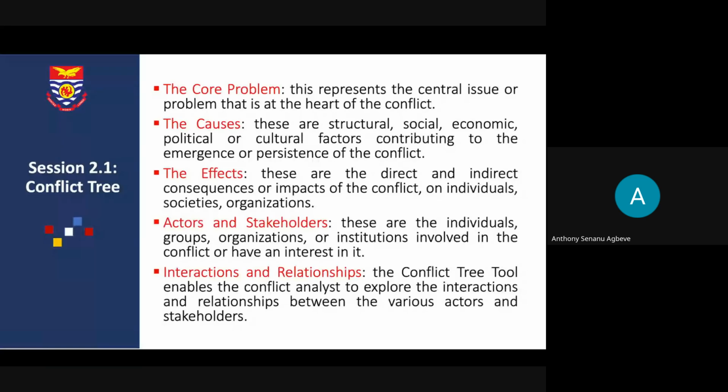And then we also need to look at the interactions and the relationships among these groups, between the various actors and the stakeholders. If the relationship is not a positive one, the analysis will be able to bring out findings that both parties for a long time are not in a good relationship.